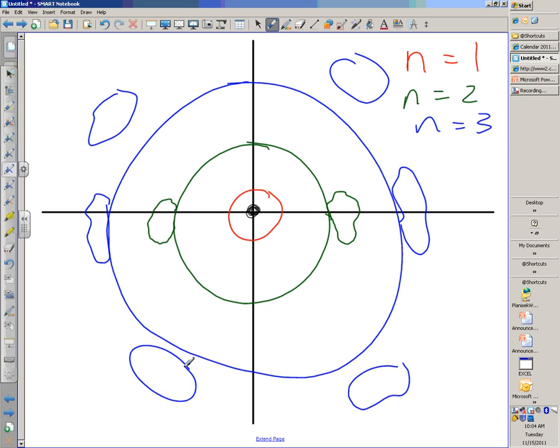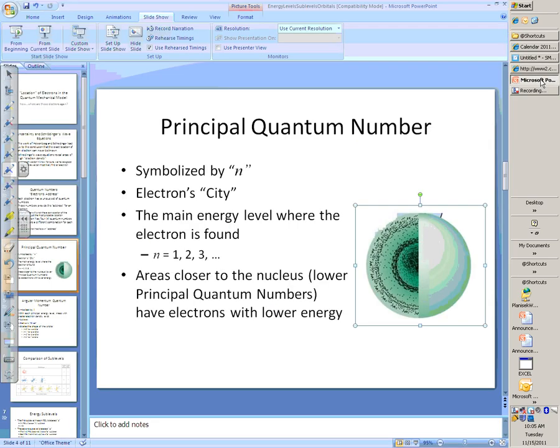But it goes from here to here and here to here. Okay? And these are all sublevels that exist within the n equals 3 big level. All of the blue part of this drawing exists within this ring.